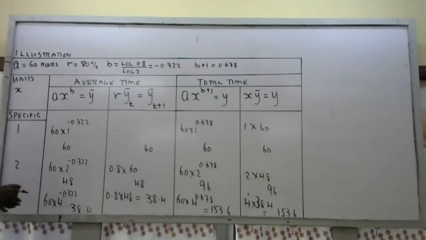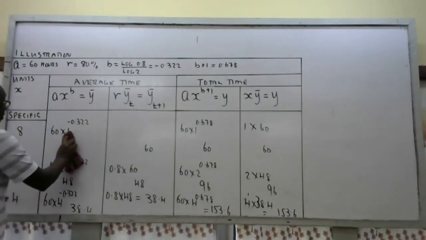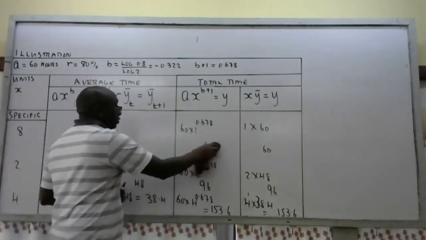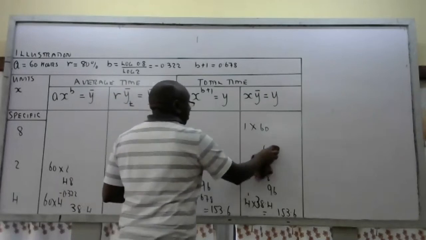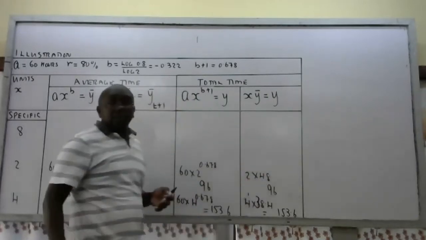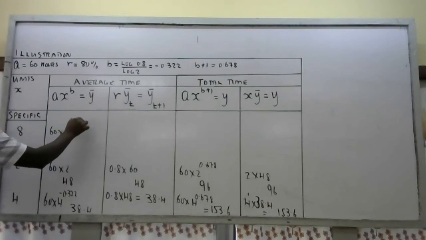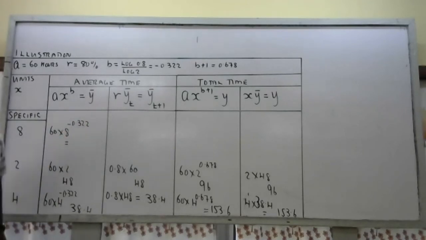Do the same for 8. Let's go to 8. So when we come to 8, it will be 60 times 8 raised to power minus 0.322. So 8 raised to power minus 0.322 times 60.